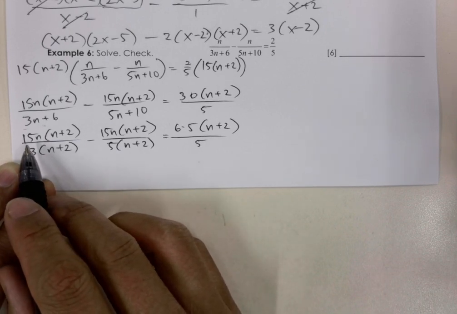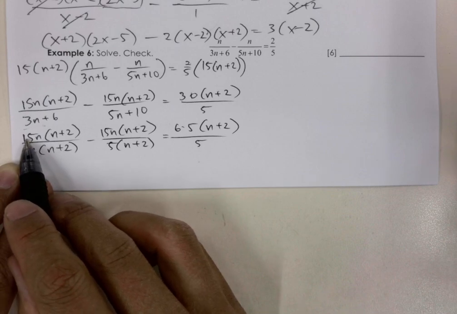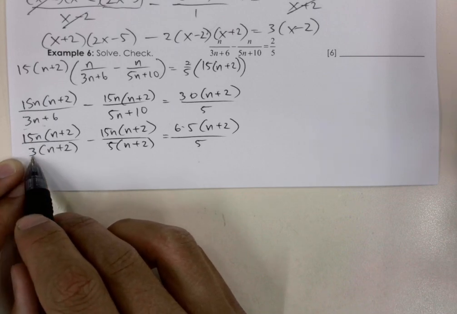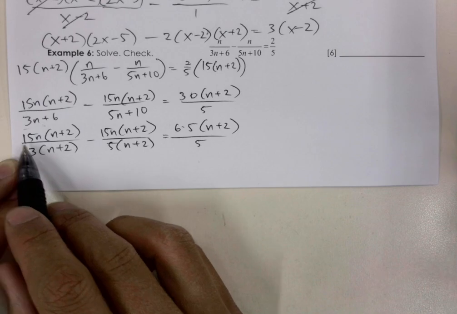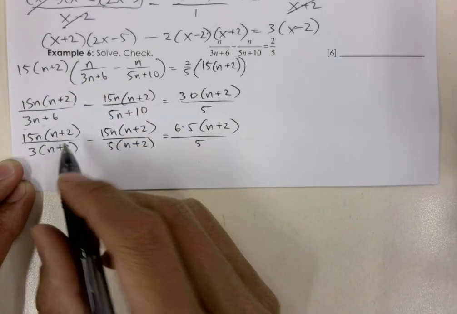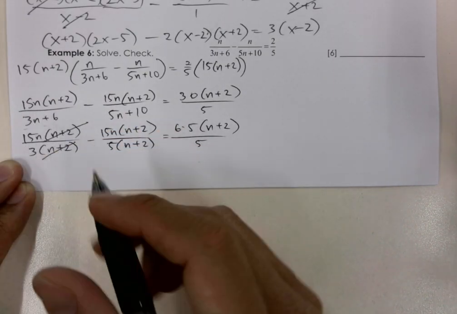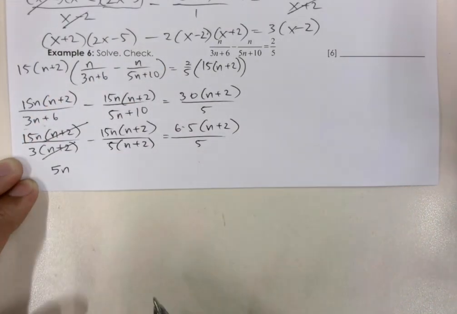Well, the numerator here has a 15, so that's 3 times 5. And down here I have a 3, so I can cancel out the 3's there, leaving just a 5 in the numerator, right? And then my n plus 2's cancel out as well, right? So this first term turns into 5n.